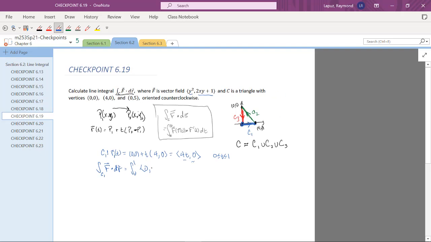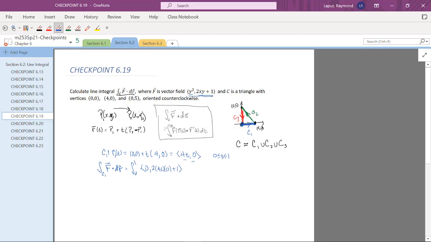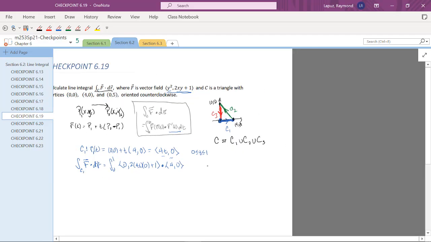And then I have a 2 times x, which is 4t, but it's going to be multiplied by 0. And then I have a 1. So that's the vector field evaluated at this parameterization. Now we will dot that with the derivative of the parameterization, which is 4 comma 0, and then this is going to be dt.